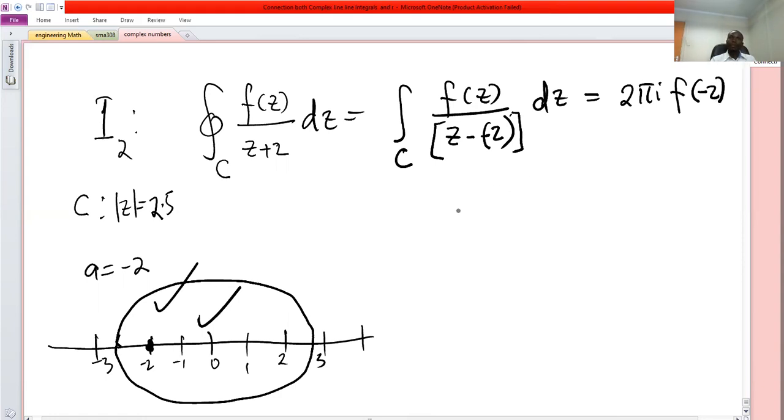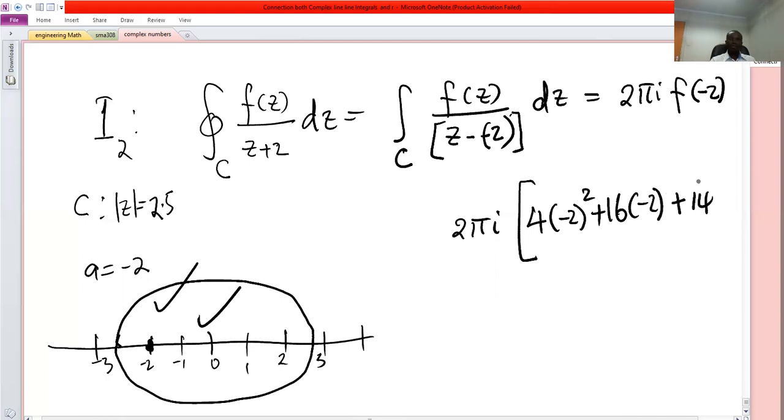So we'll have 2 pi i times the value of the function: 4 times minus 2 squared, plus 16 times minus 2, plus 14. Minus 2 squared is 4, 4 by 4 is 16, so 16 minus 32 plus 14, that is minus 2.